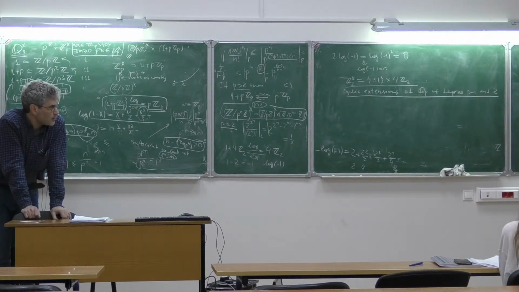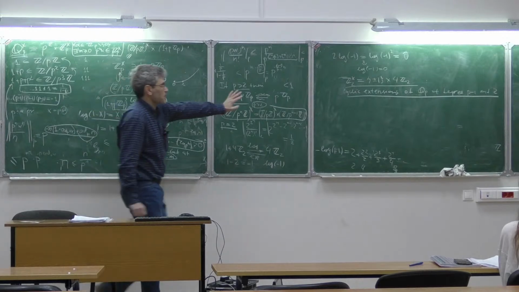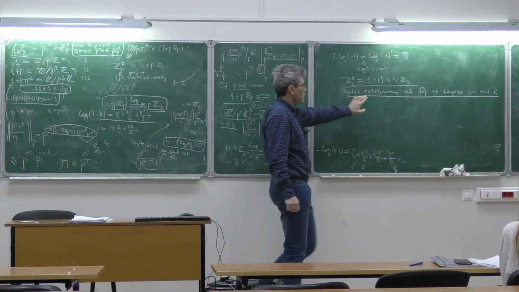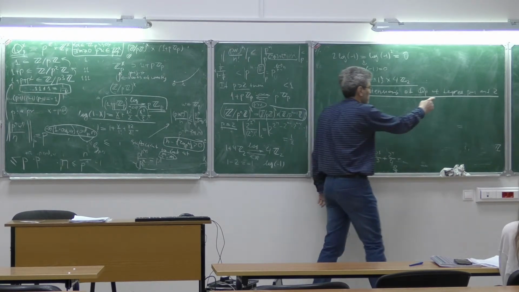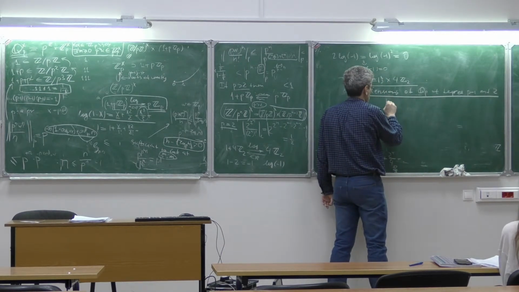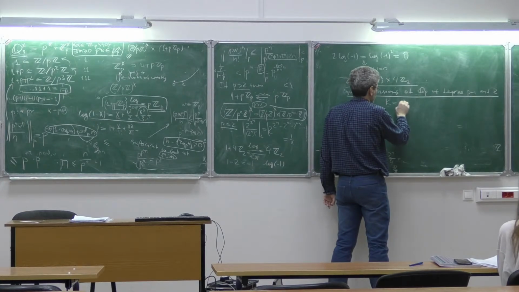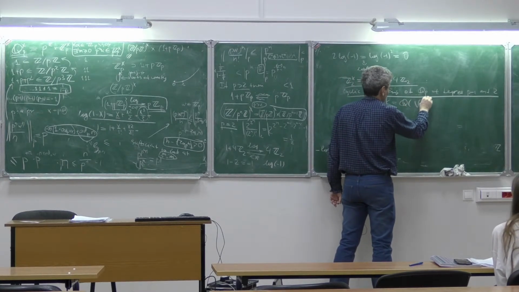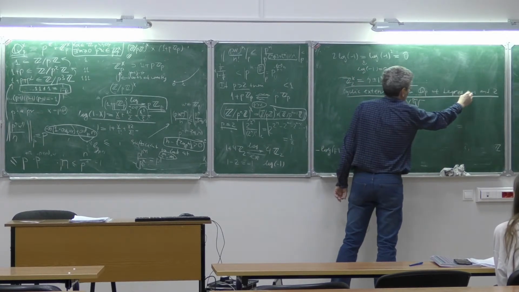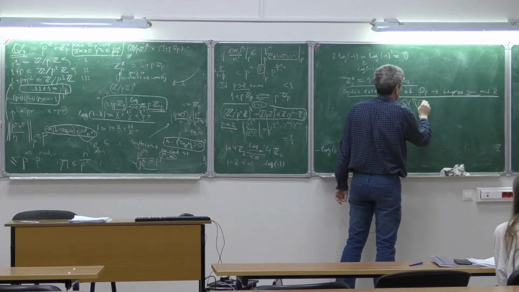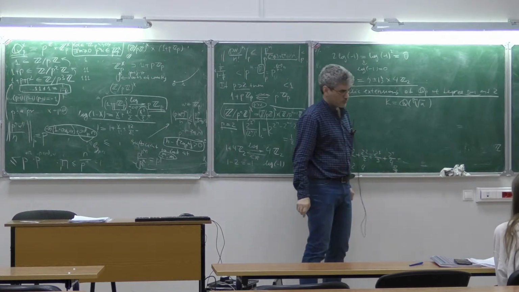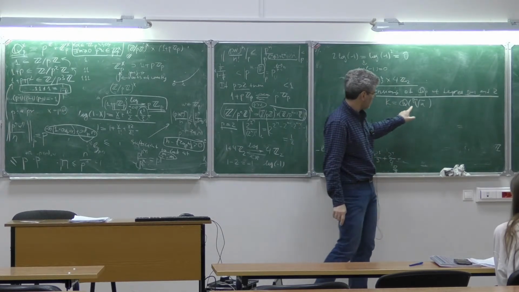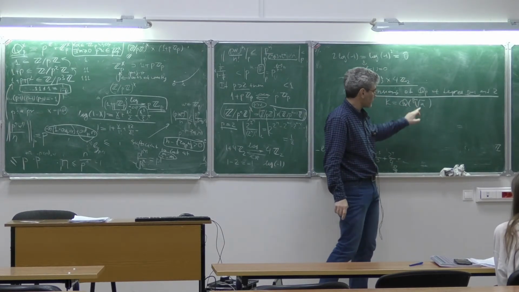So to get such an extension, you just have to add to Q a certain root of an element. So actually we deal with extensions of the following type. For instance, for the degree p minus 1, you just have to add a root of degree p minus 1 of a certain element.